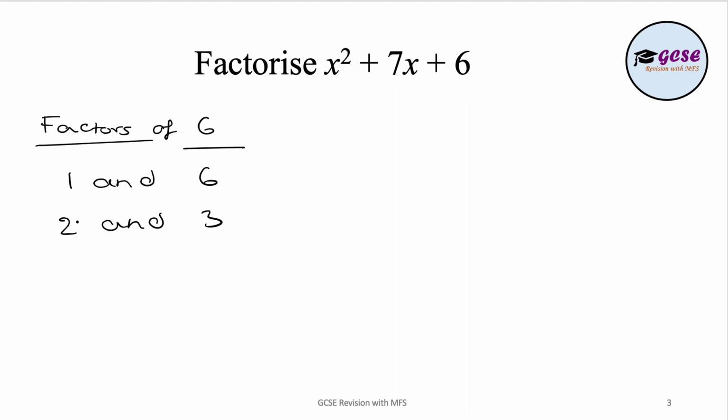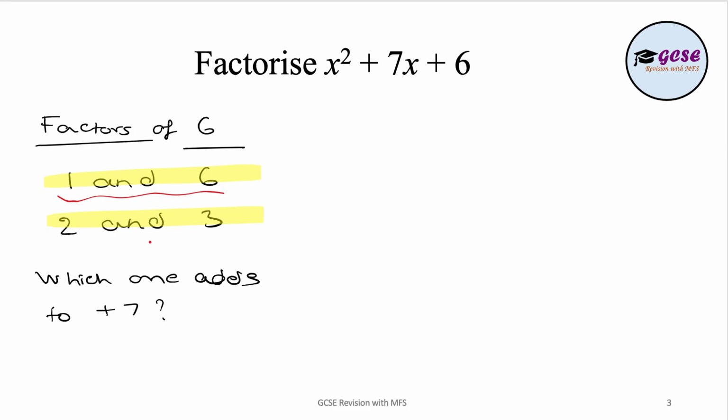Now we need to decide which one adds to positive 7. If we look at 2 and 3, 2 and 3 adds up to 5, so it's not going to be that. 1 and 6, however, adds up to 7. So we are going to be using 1 and 6.